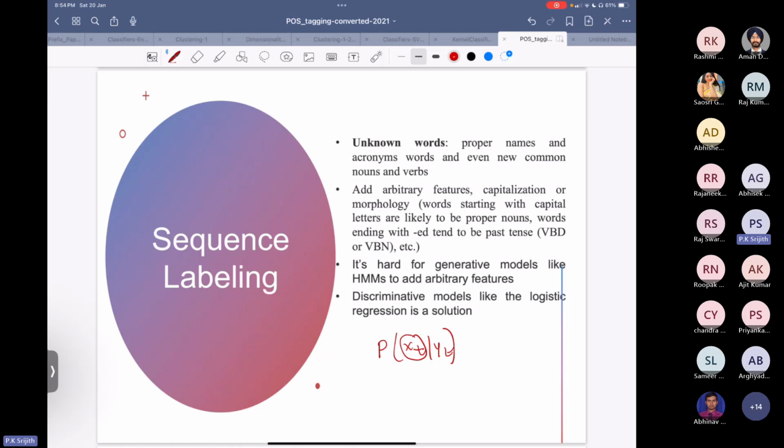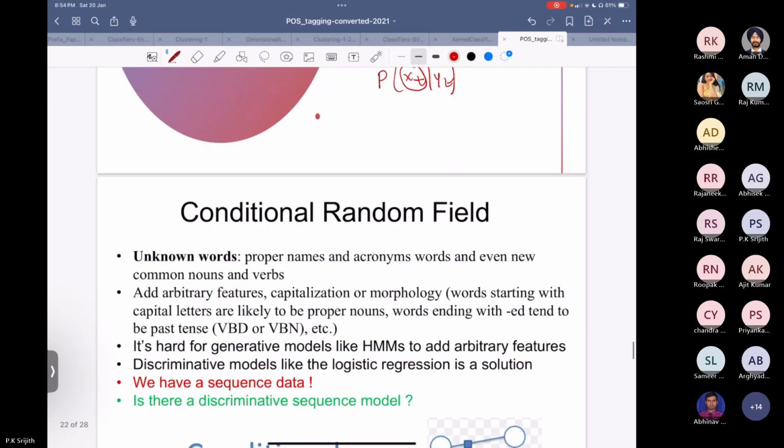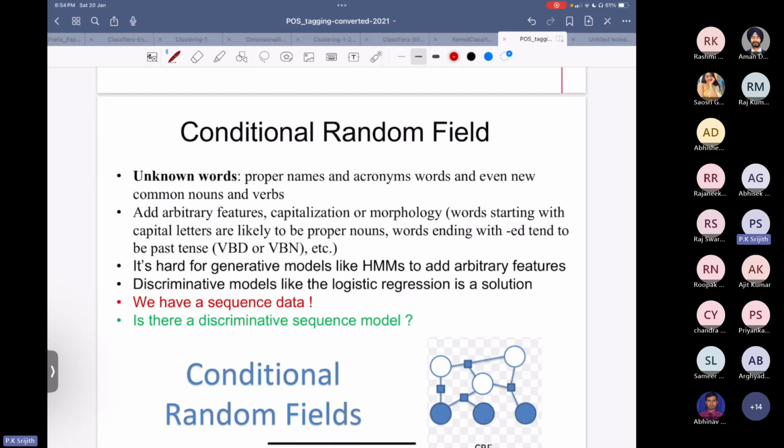For the case of text classification, we may use something like logistic regression. And in the case of sequence labeling, we use something called a conditional random field. The conditional random field can be seen as a kind of generalization of logistic regression models for sequence labeling problems.